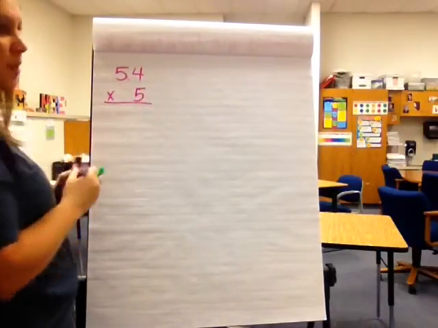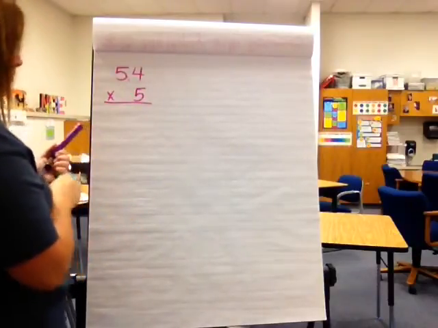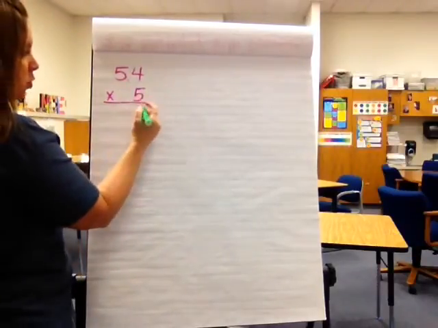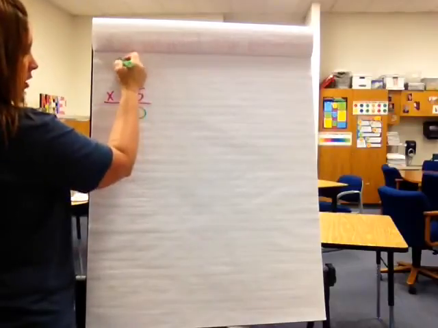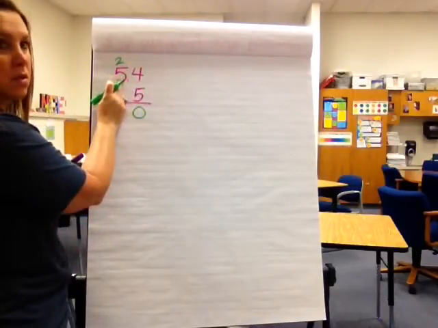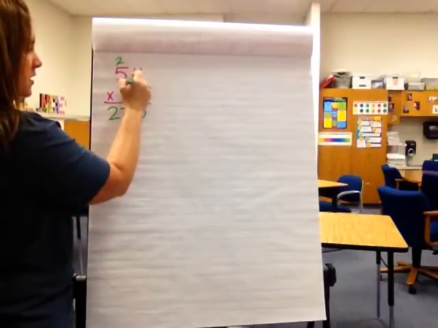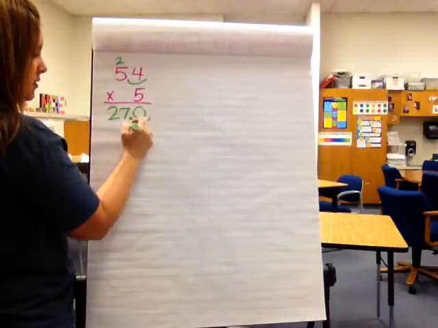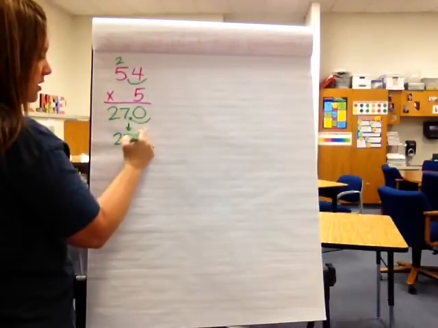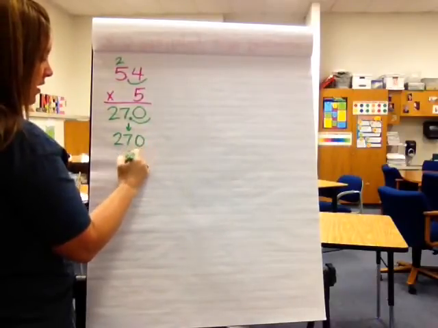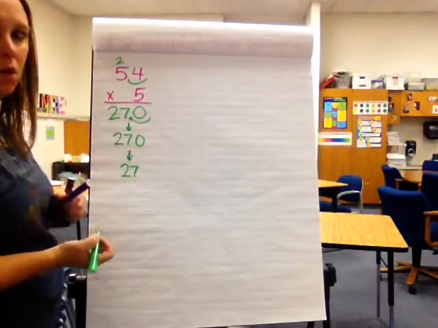Okay, so let me show you how it is normally. 5 times 4 is 20. Carry my 2. 5 times 5 is 25, plus 2 more is 27. Tenths, tenths. So my answer is 27 and no tenths, or I can simply write 27 wholes.